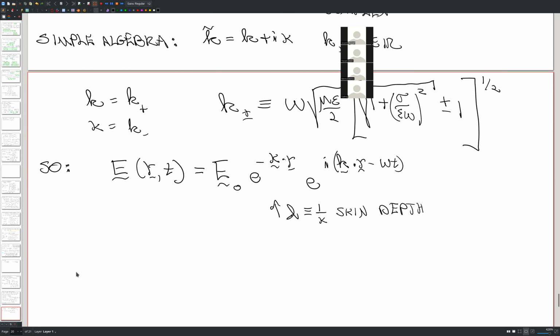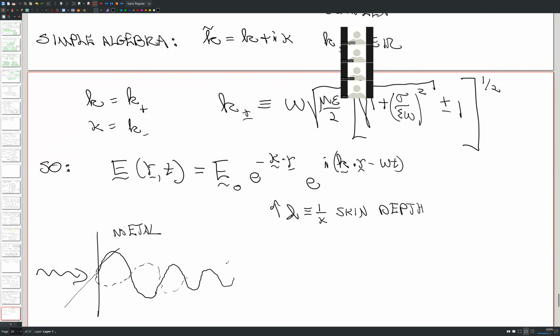Okay, so at the boundary of the metal, here you've got your metal, you've got the electromagnetic wave coming in, and then suddenly inside the metal, if I imagine the boundary like this, the electromagnetic wave would have an E field that would decay as I move, and it would have a magnetic field that also would follow the same thing and decay.